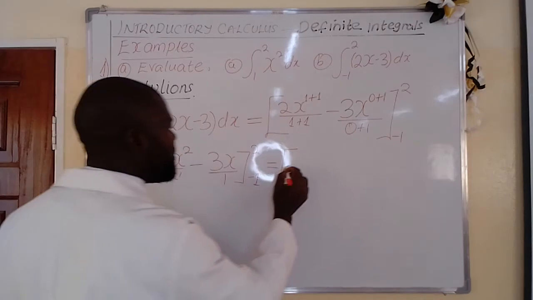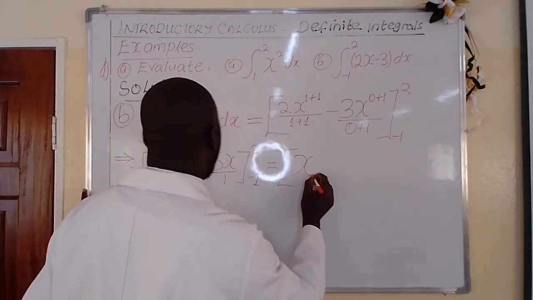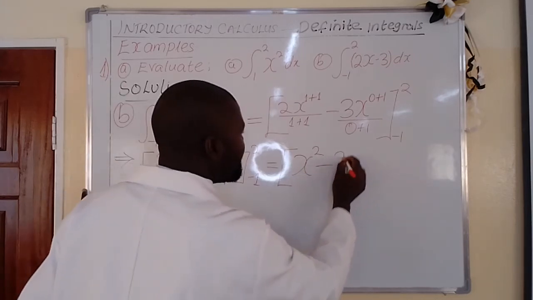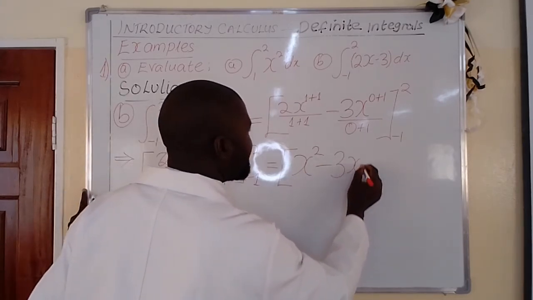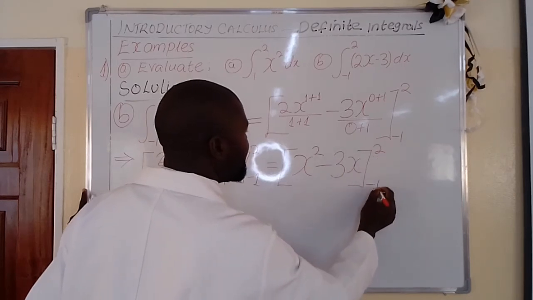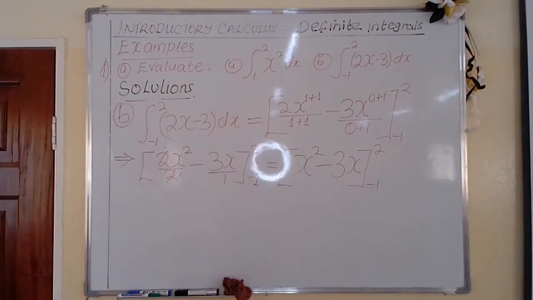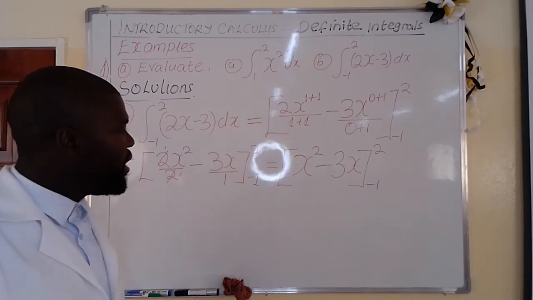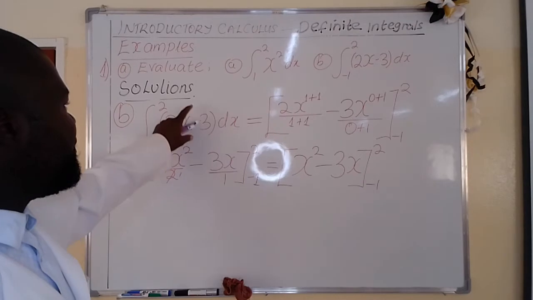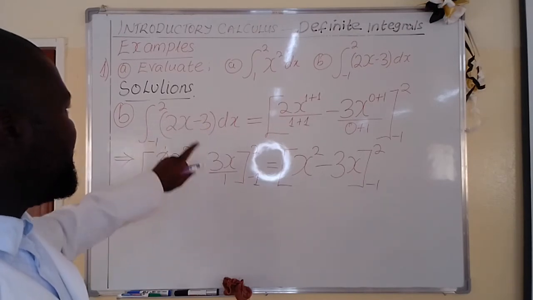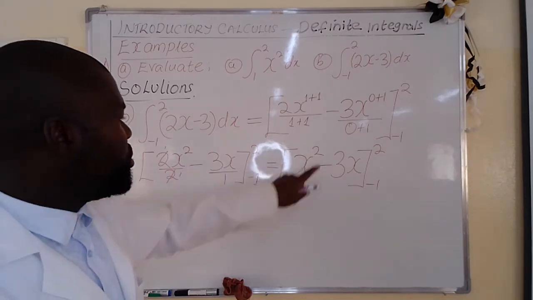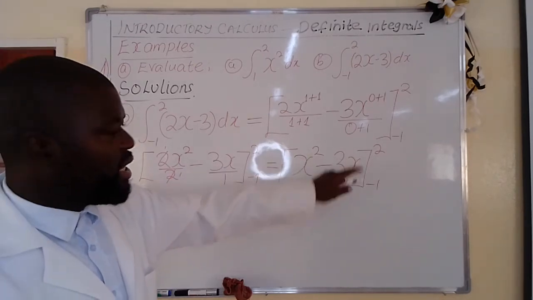So, for this one we have x power 2 minus 3x, limits 2 and negative 1. Okay, so this is what we have after integrating the function inside here. We have x power 2 minus 3x.